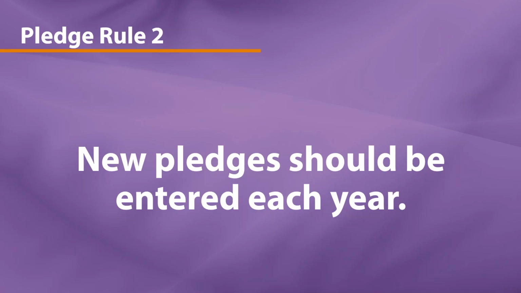So if your fiscal year runs January 1st through December 31st, then your pledges shouldn't technically go outside that range. They of course can. It's completely up to your church how you want to run those. It just becomes more difficult to keep track of all those when you're managing your pledges. So you definitely can do it if you want to be very on top of things. It's just harder to remember to do that inside the software.